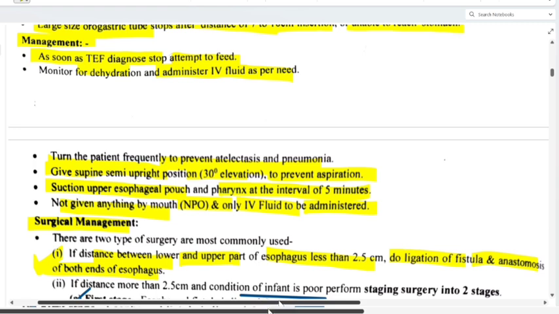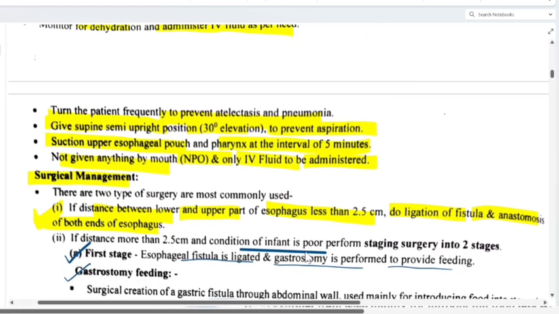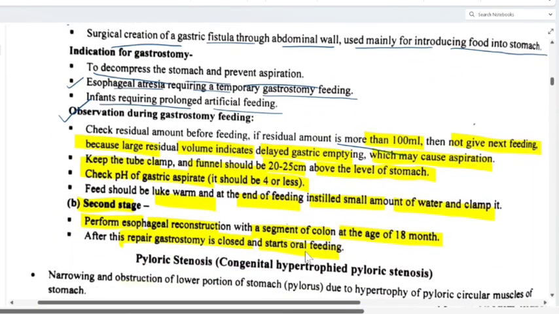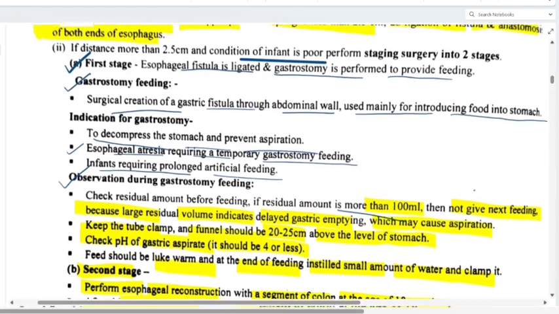That is, in the first stage we are doing ligation and gastrostomy for the feeding, and in the second part we are repairing with the colon, right? After recovery, we can start oral feeding, and gastrostomy will also be closed, right? So after this repair gastrostomy is closed and oral feeding starts. So clear to all of you?